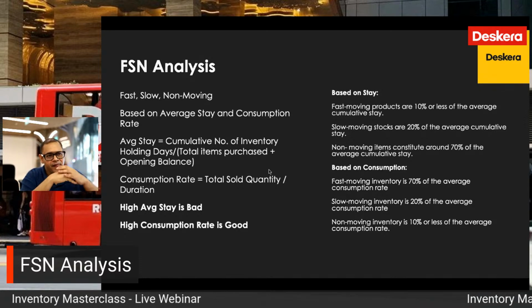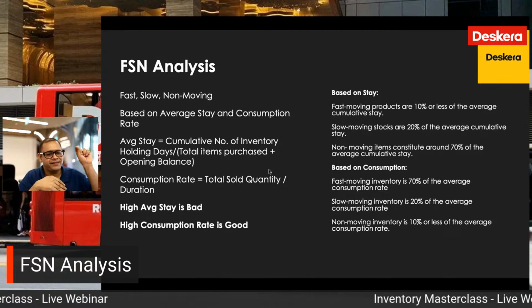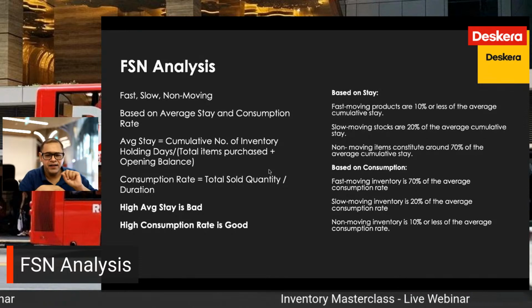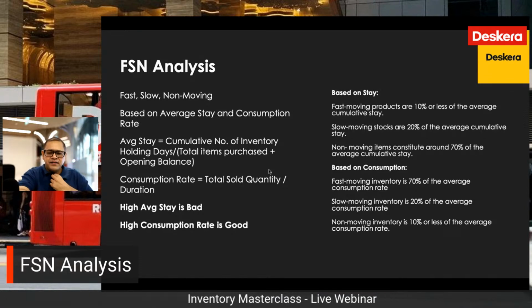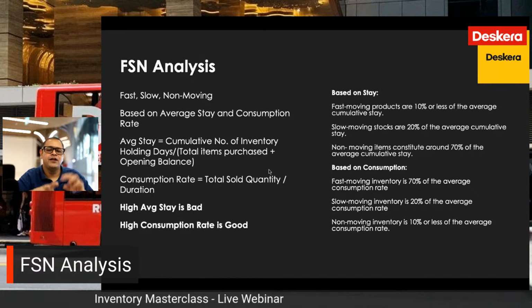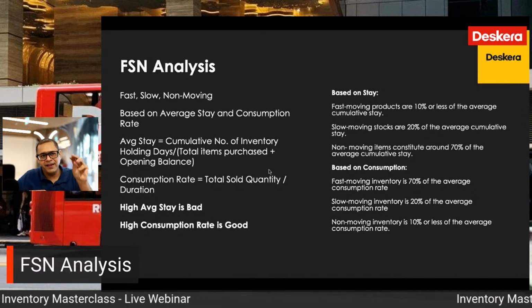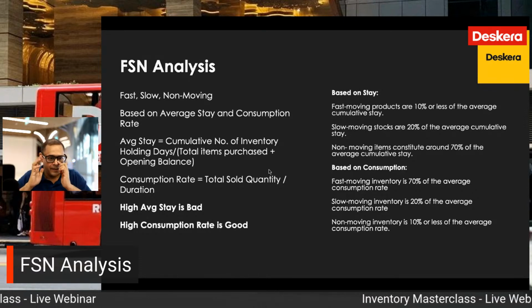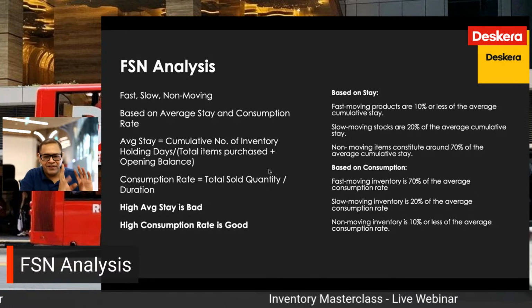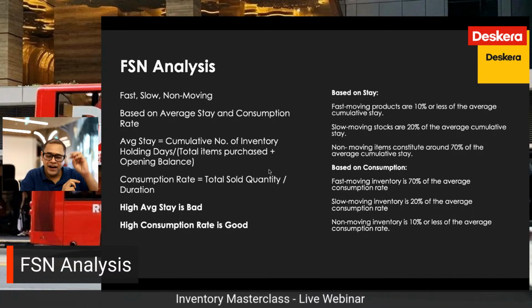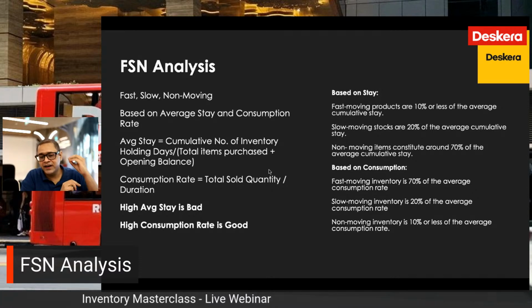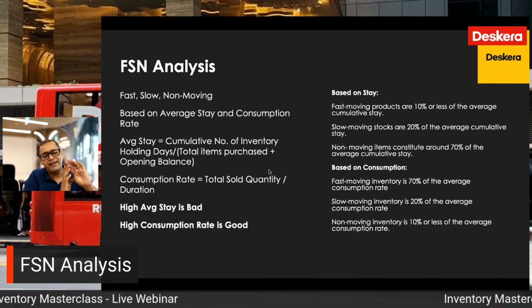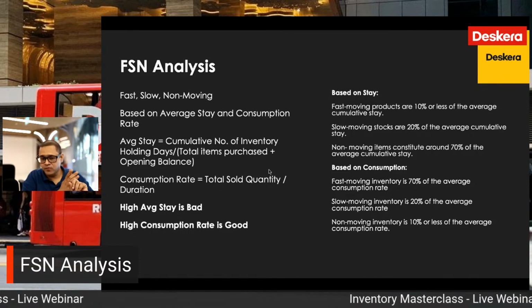and then you categorize them as F, S, or N based on the section that we have here on the right. So if you are looking at based on average stay, 10% or less of the average cumulative stay is going to be classified as F, or fast moving products.